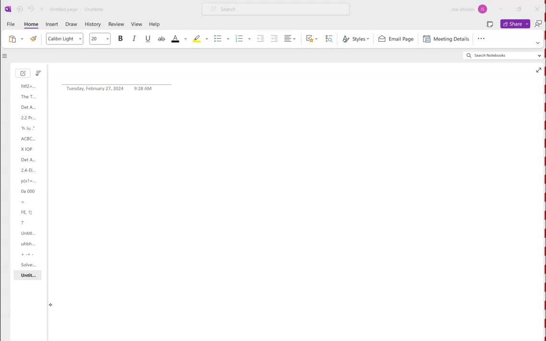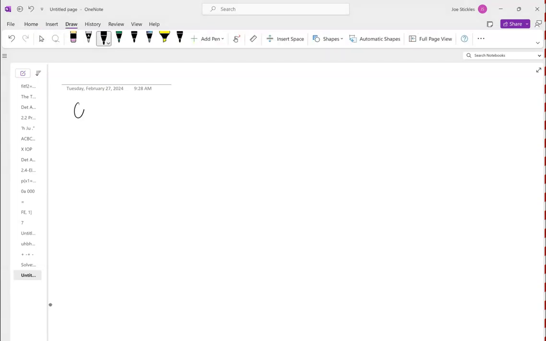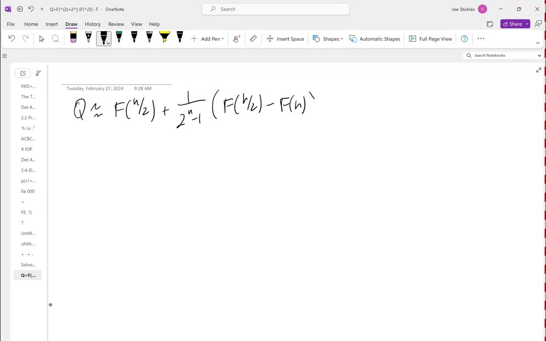All right. So we talked about extrapolation last time. Remember our guiding principle for creating new estimates. We had that quantity Q that we were approximating. We were using a formula for the new estimate: f of h over 2, plus 1 over 2 to the n minus 1 times f of h over 2 minus f of h.